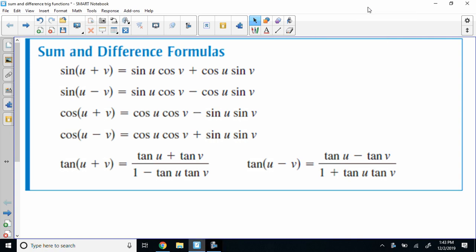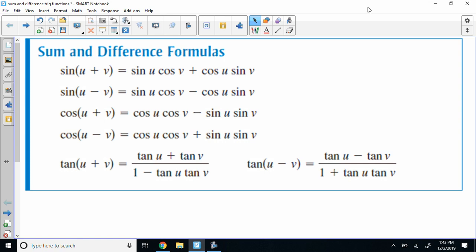Now, what we're going to do this week is sum and difference formulas for trig. Okay, so you come across having to evaluate trig functions for either degrees or radians that you might not have on the unit circle.